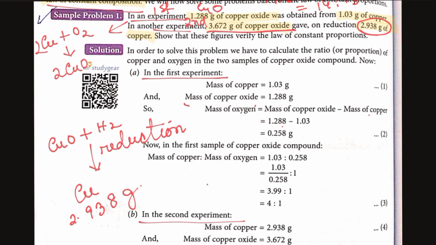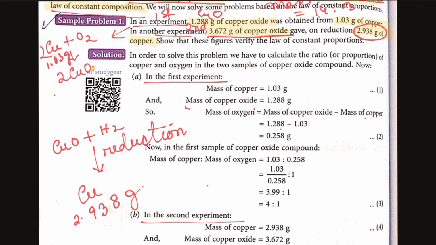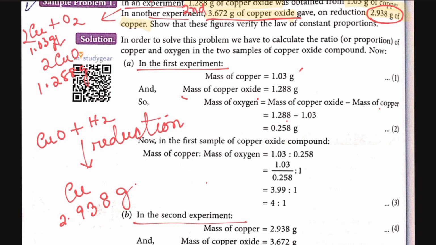See, in the first experiment, 1.03 gram of copper is giving 1.288 gram of copper oxide. So mass of copper is 1.03, mass of copper oxide is this. You know copper oxide contains copper and oxygen. From the law of conservation of mass, the mass of copper and oxygen should be equal to the mass of copper oxide, because copper and oxygen are the reactant and copper oxide is the product.